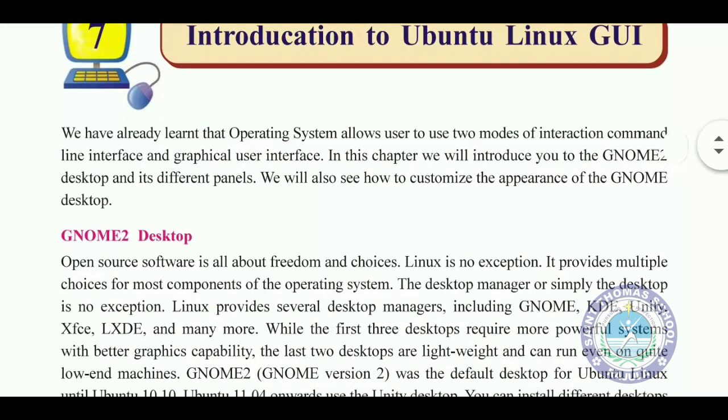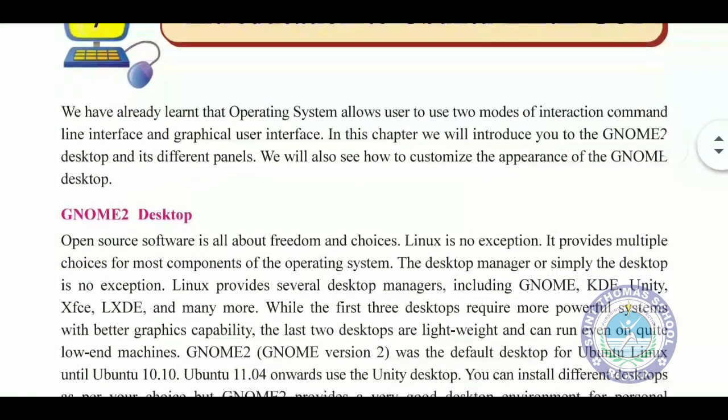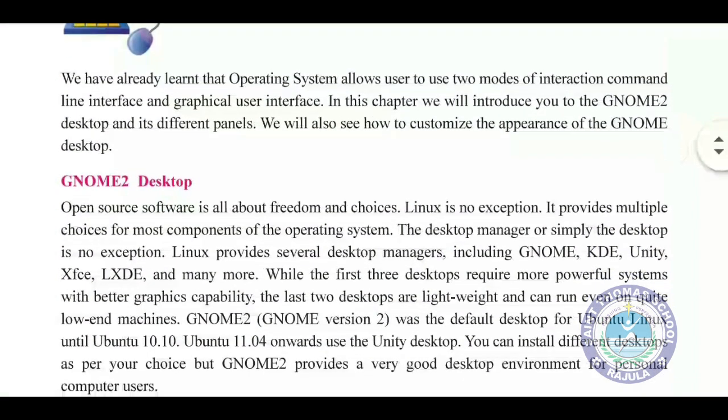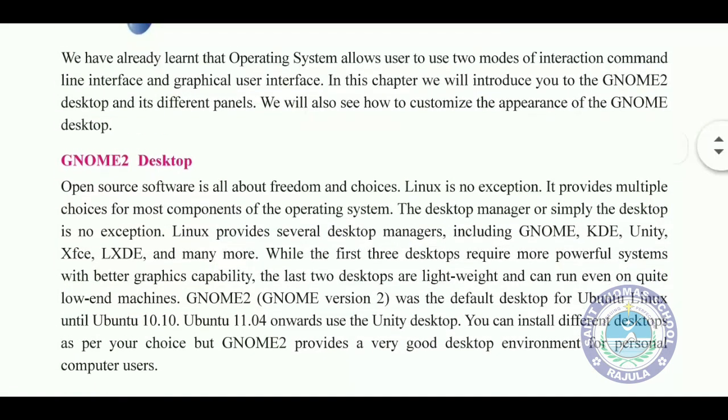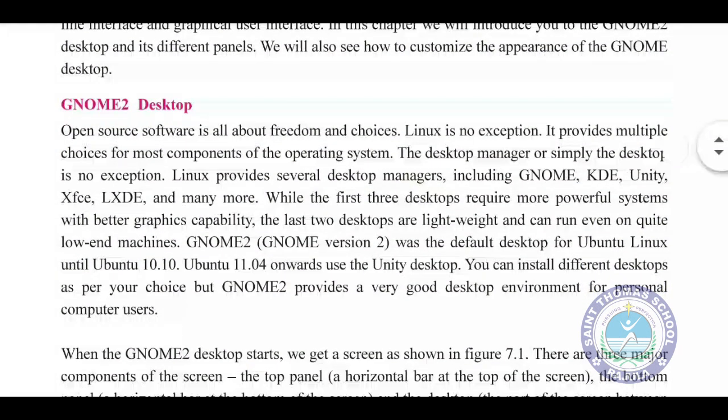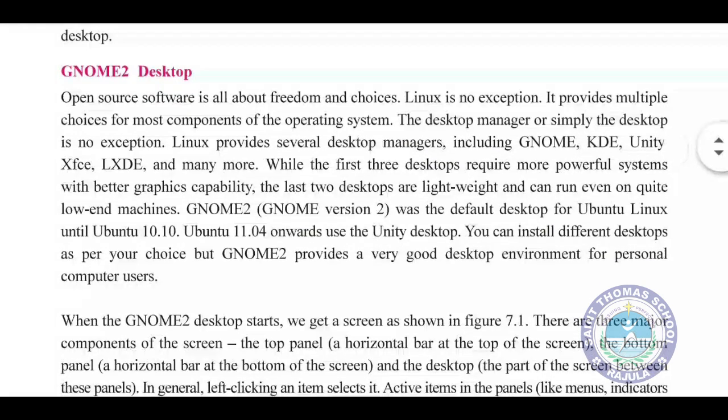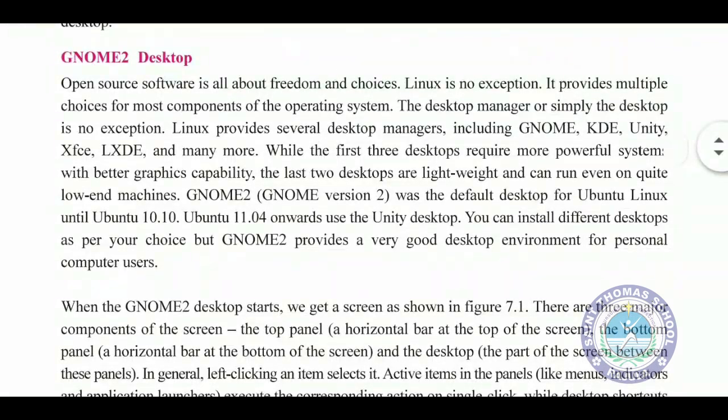So in this chapter we are going to discuss the graphical user interface, that is GNOME 2. We all know that the Linux operating system provides us multiple choices. We have the freedom of choice here in the open source operating system, because Linux is open source, so we have multiple choices for all the components of the system.